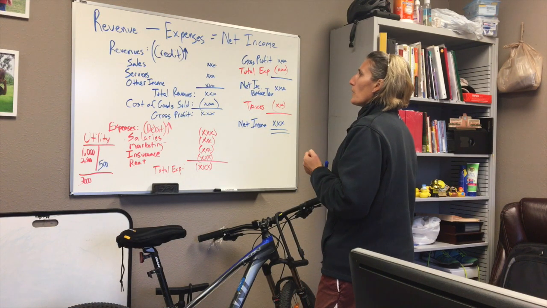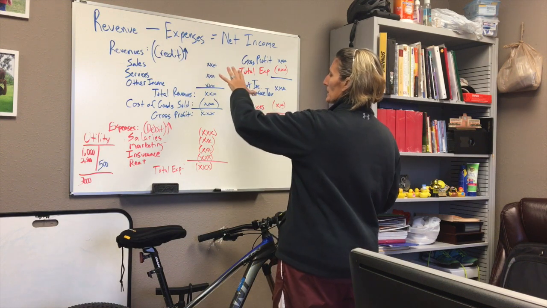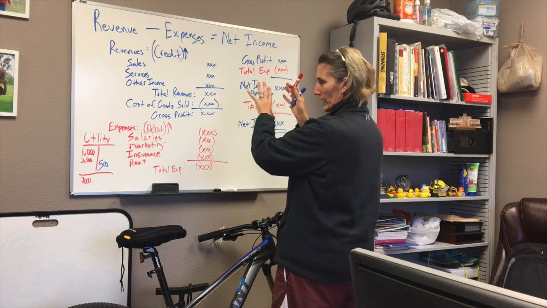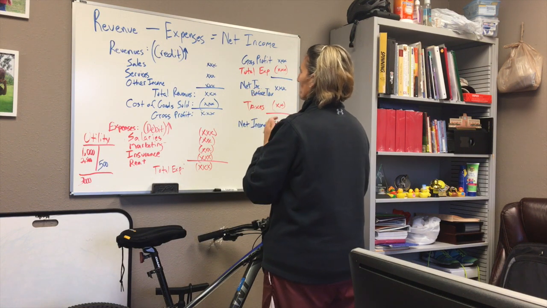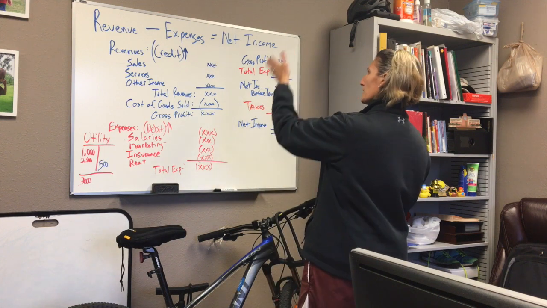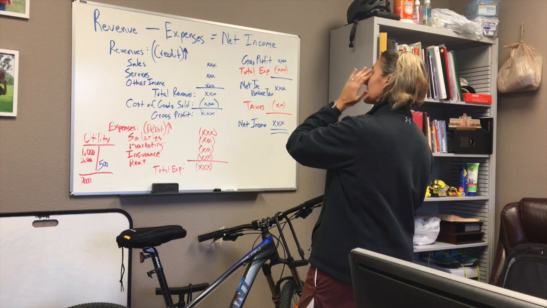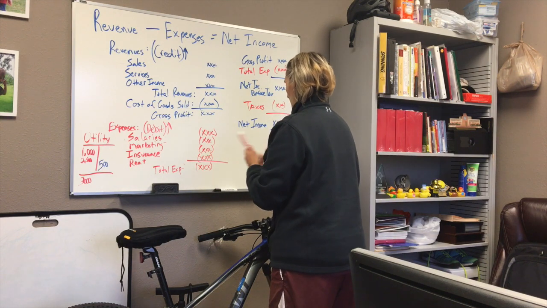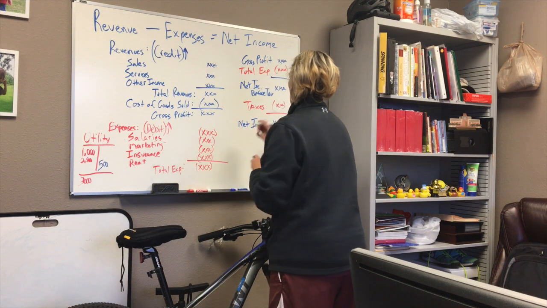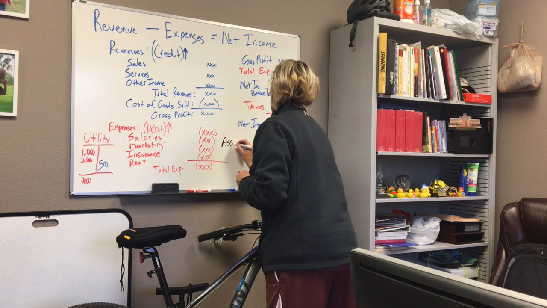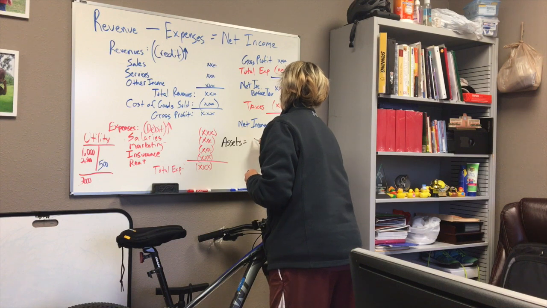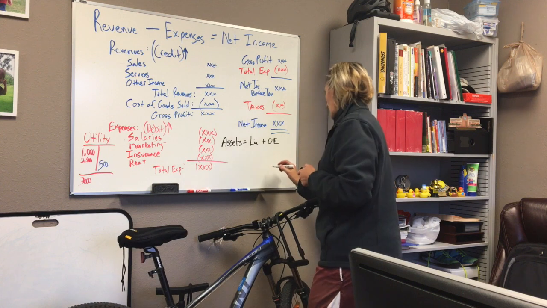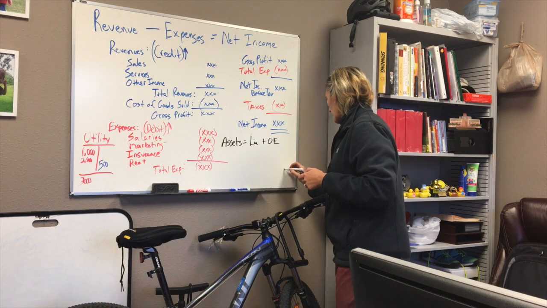Revenue and expenses all wrap up onto the right side of the balance sheet in the owner's equity section. Because of that, you have to look at it as if it filters down. We have assets equals liabilities plus owner's equity, and our revenue and expenses wrap up into this.